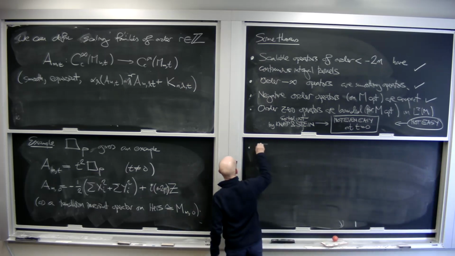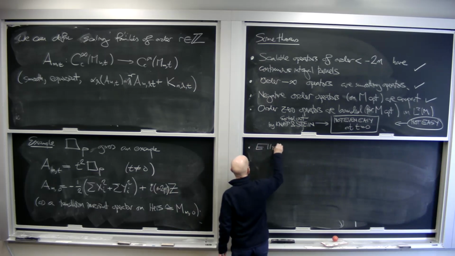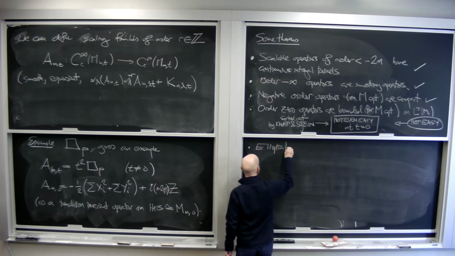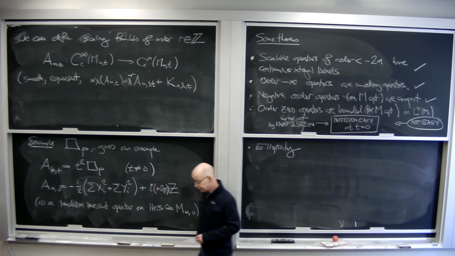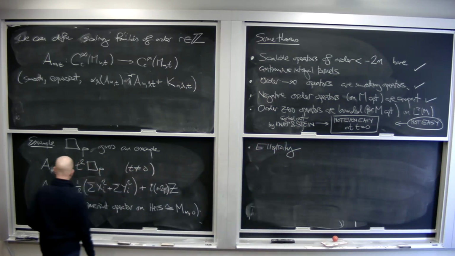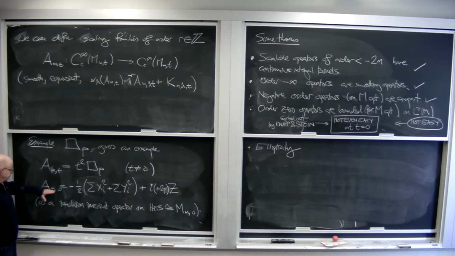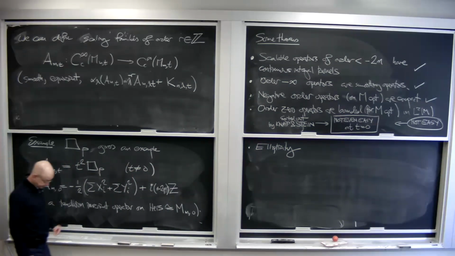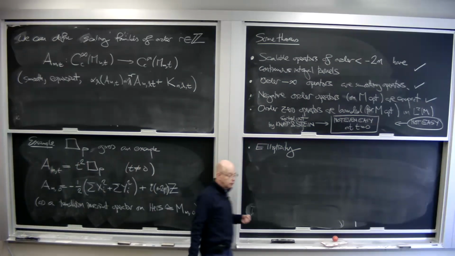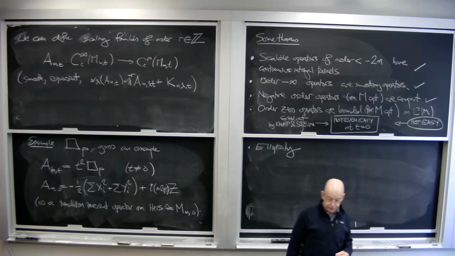And one final point is ellipticity. An operator is said to be elliptic of order R if its symbol family of operators is inverted modulo smoothing operators by a symbol family of order minus R. That's the definition of elliptic.